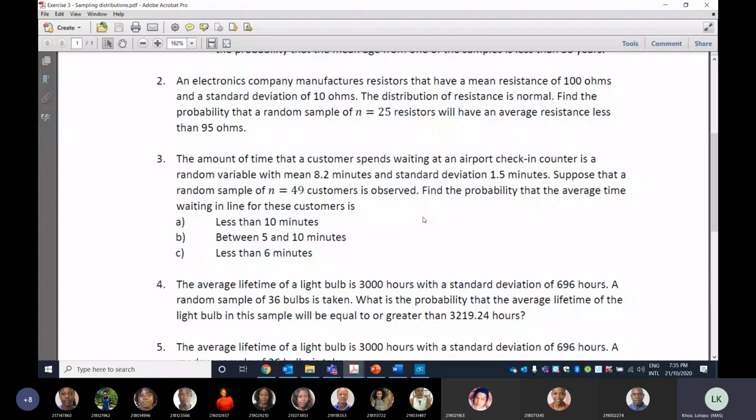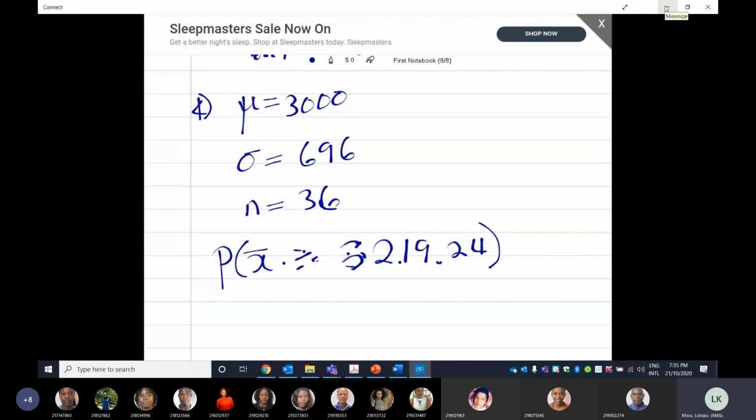Okay, so again, first thing we need to do, we need to standardize our x bar. To standardize, we subtract mu, and then we divide by sigma over the square root of the sample size.